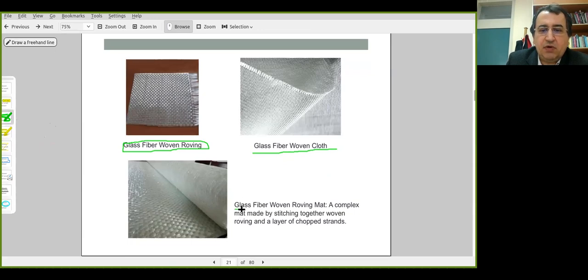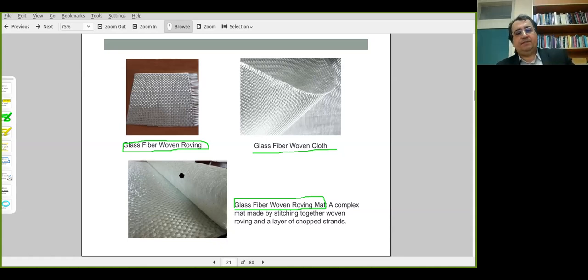And a glass fiber woven roving mat is shown. The components in this particular reinforcement are woven roving and chopped strand mat. So that's somewhat stronger reinforcement.